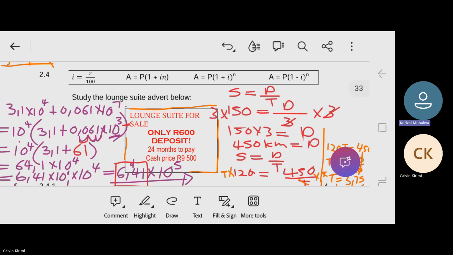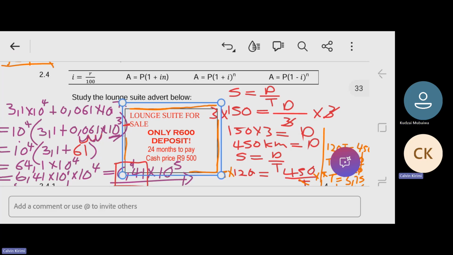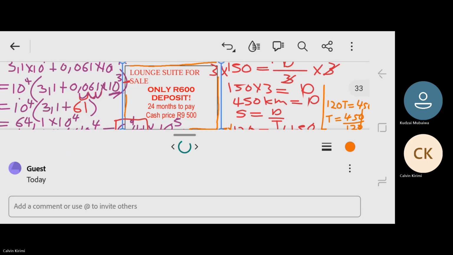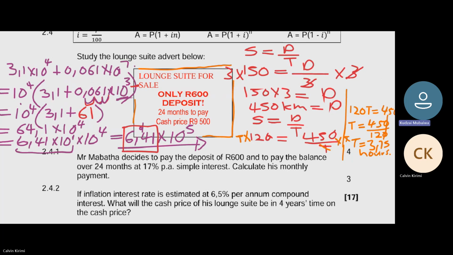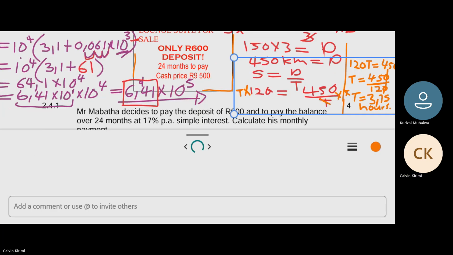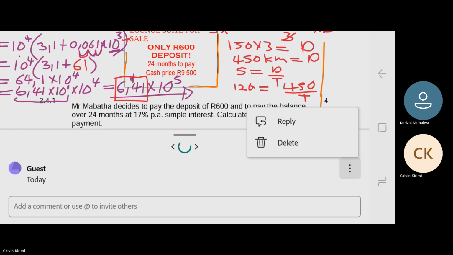Sir, can you please remove the other writings? I must remove the other writings. I can't hear you. Can you please remove the other writings? We are done with that one. Yeah, we can remove it.